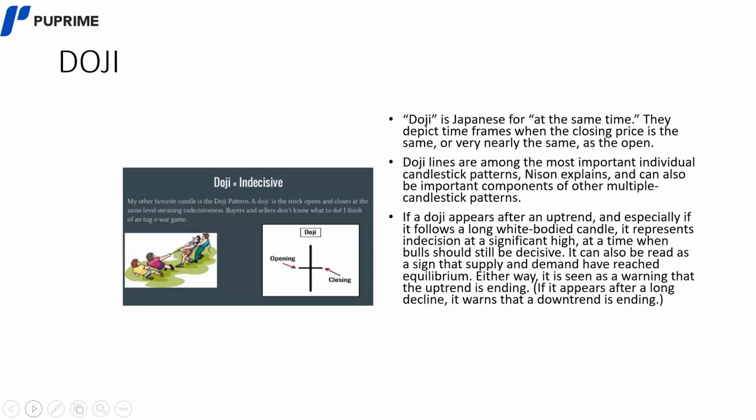If it appears after a long decline, it's telling you that the downtrend is ending. So when a long bullish candle is followed by a doji at a resistance point, there is pressure from buyers and sellers, nobody is winning, and the buyers are weakening.